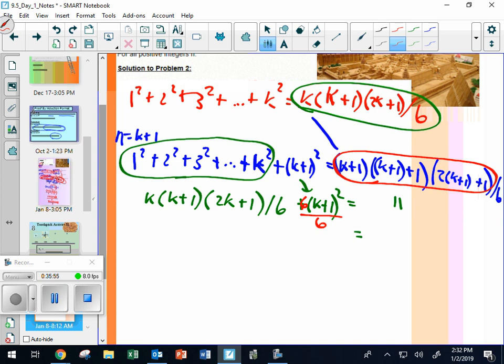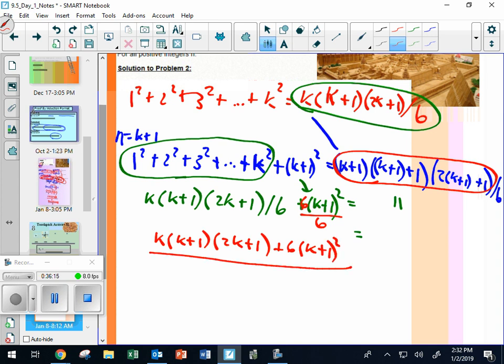Now it has a common denominator. So now it can be put together. So I'm going to go k times k plus 1 times 2k plus 1 plus 6 times k plus 1 squared all over 6.